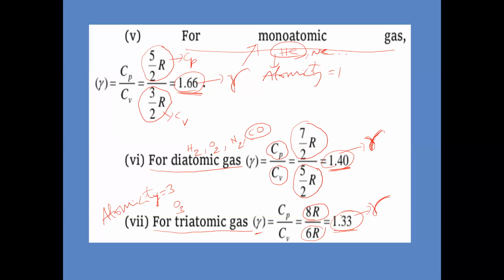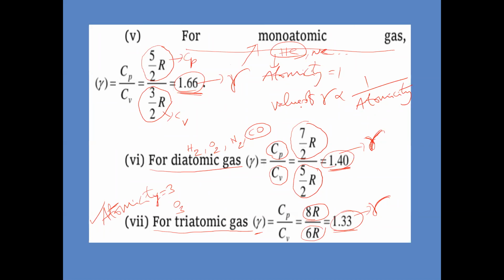Now, how are gamma value and atomicity related? If atomicity is 1, gamma value is 1.66. If atomicity is 3, the gamma value became less, 1.33. So the value of Poisson's ratio, gamma, is inversely proportional to atomicity.